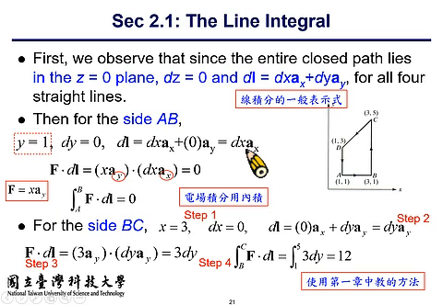Now the scalar product of the force and the differential line is F dot dl. So the direction of the field F matters. Because we already know in section AB, dl is pointing toward the x direction, for the field F only the x component matters. However, as the previous slide says, the F field is pointing toward the y direction.